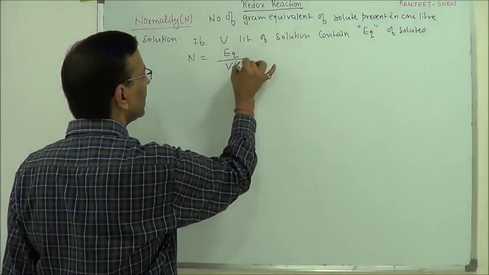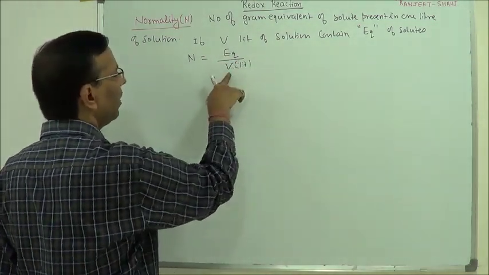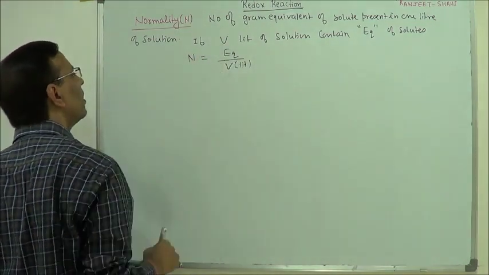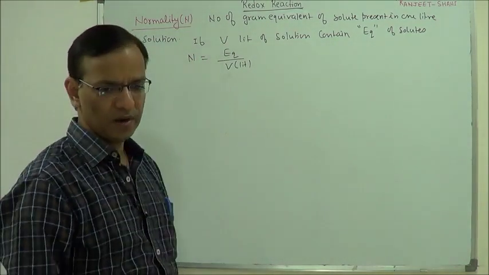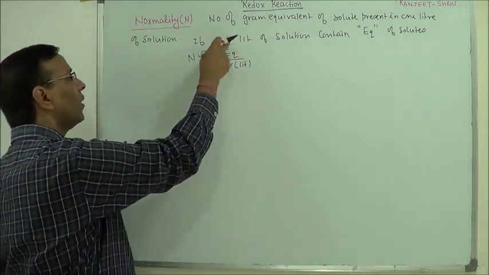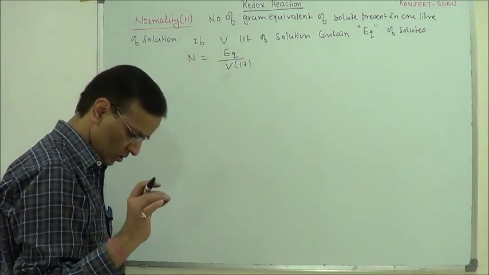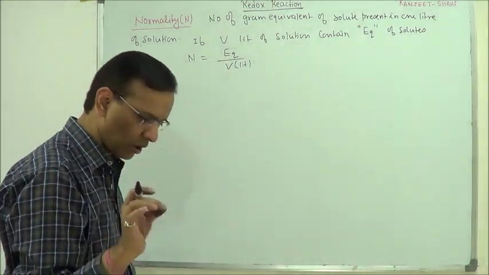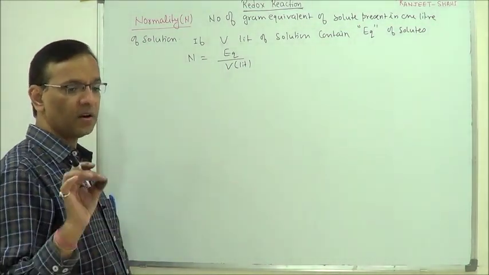It must be mentioned that the volume here is in liters and the numerator is the number of gram equivalents. So normality is the number of gram equivalents of solute present in V liters of solution, present in 1 liter of solution.